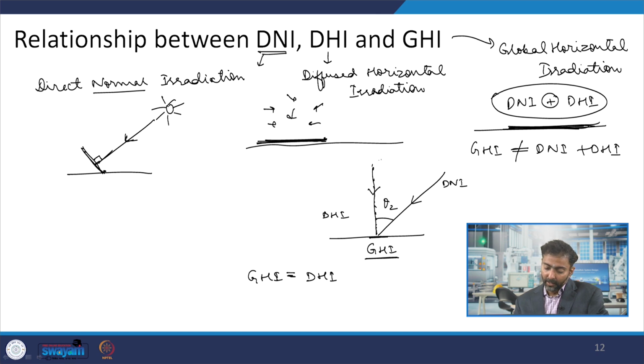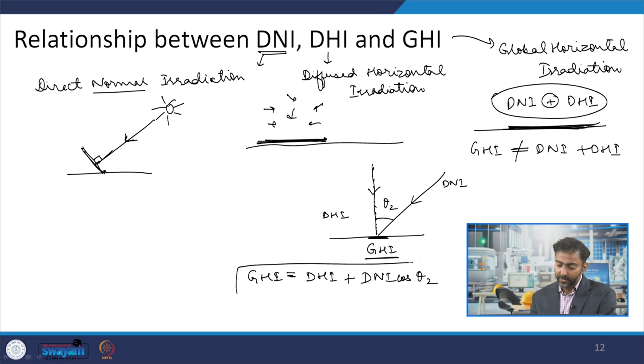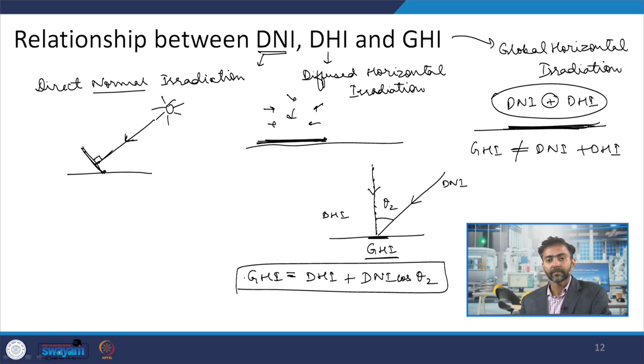With simple trigonometry, this component will be nothing but DNI times cos theta z. So, if I multiply DNI with the cosine of the solar zenith angle, then I get the direct normal irradiation with respect to the horizontal surface. Therefore, this is the relationship between these three: global horizontal irradiation is equal to DHI plus cos theta z multiplied by DNI.